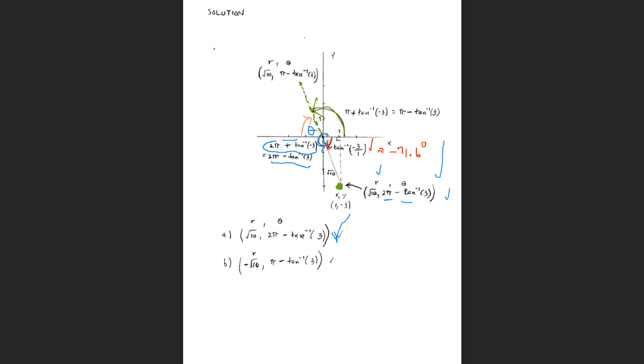This angle here is going to be pi plus or pi minus the arctangent of 3. And so the second polar coordinate has radius -√10 and angle pi minus the arctangent of 3.